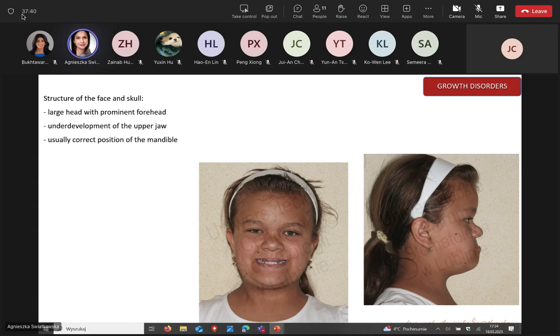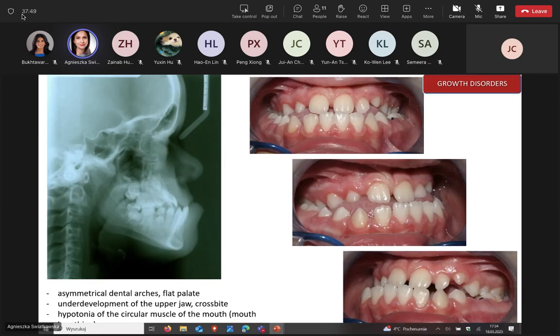The same situation we observe also in the first group of patients. Usually correct position of the lower jaw. Intraorally: asymmetrical dental arches, flat palate, underdevelopment of the upper jaw, crossbite in anterior and posterior, very often bilateral. Most of the patients have hypotonic lips.